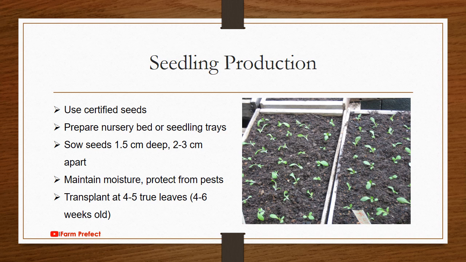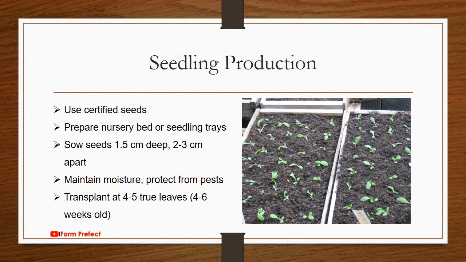Then the second thing you do is prepare a nursery bed or seedling trays. You could use either. The seedling trays are reusable. You buy them, you use them, and when you transplant, they are there for you to use another time.